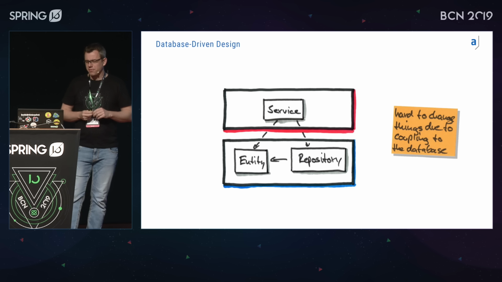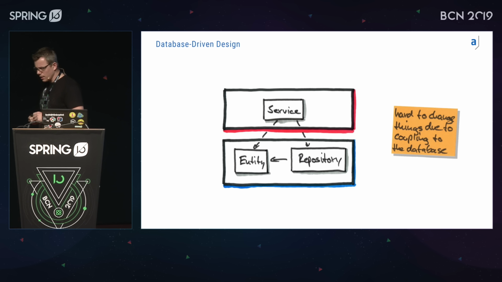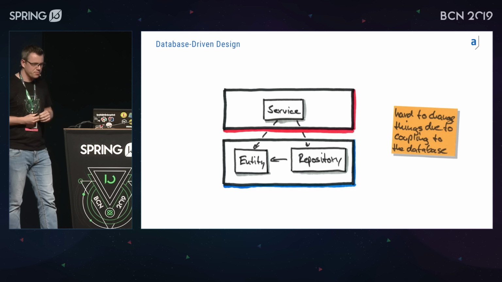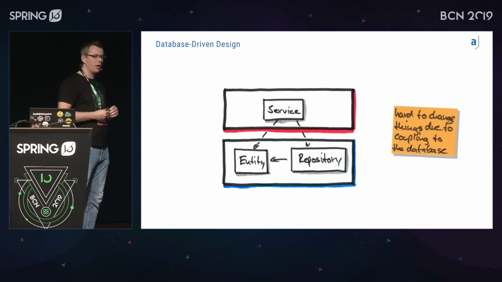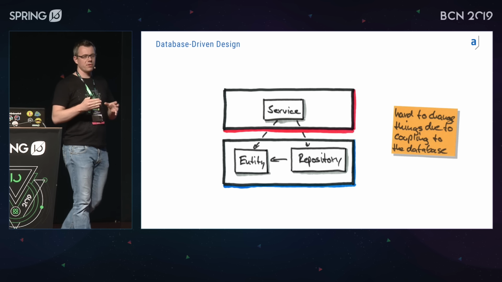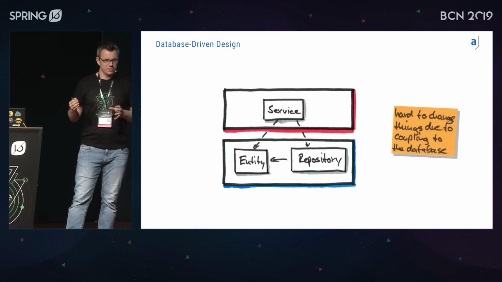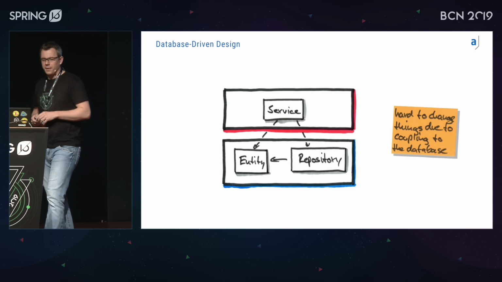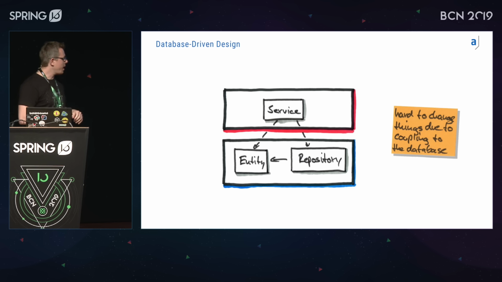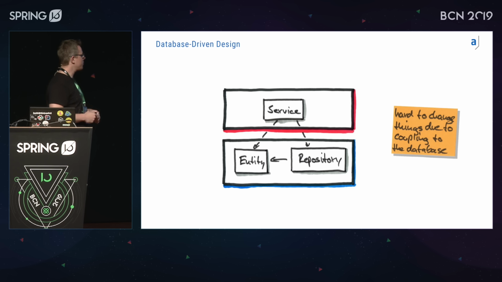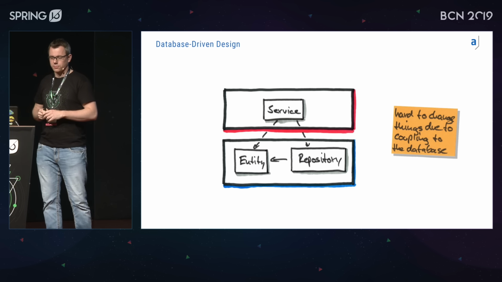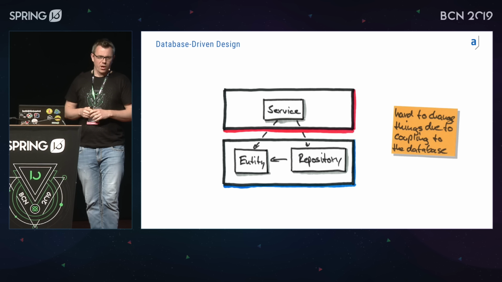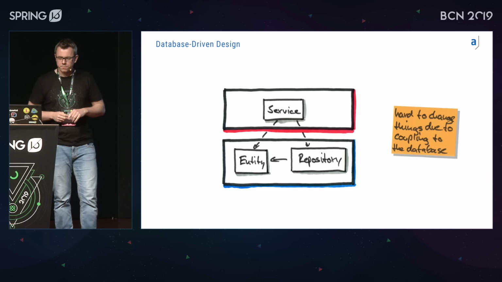one thing I have observed in a lot of projects in my career is that we're actually doing a lot of database-driven design in our layered architecture. What does that mean? It means that we have a service layer, or a business domain layer, which is in red in these slides, and we have a persistence layer, which is blue.